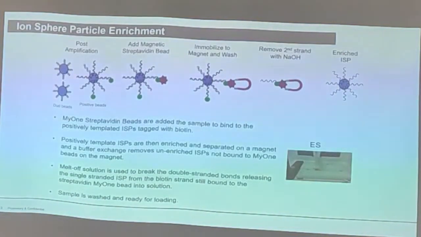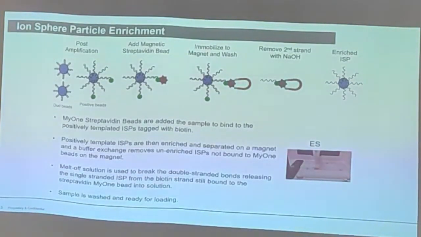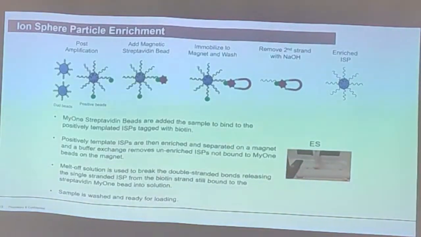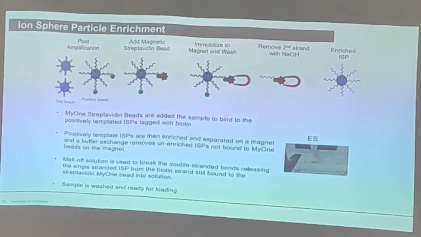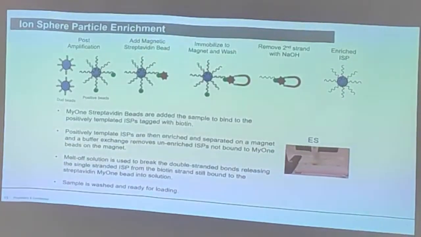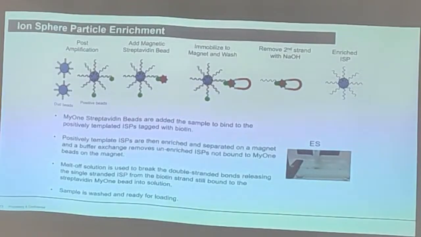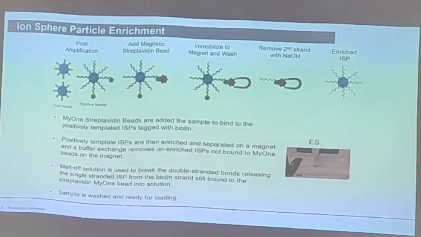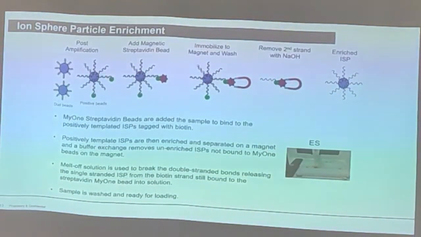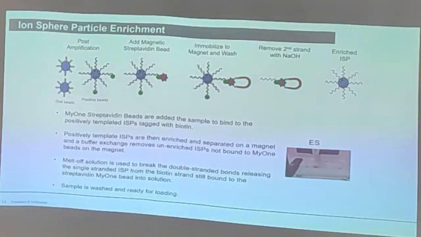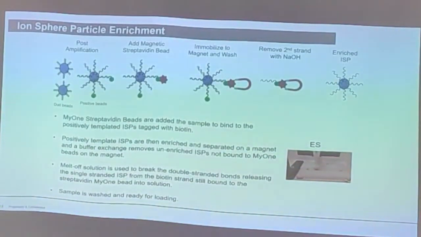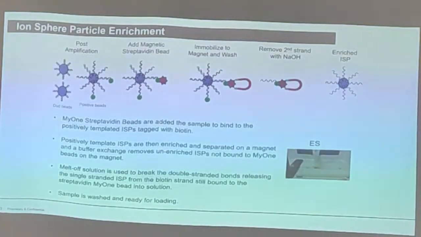When this chip is loaded, everything is automated now. But in earlier days, when the PGM system was there, it was a kind of manual system. During chip loading, we used to give sequencing primer and sequencing polymerase. Inside the chip, another round of sequencing takes place. It is a sequencing by synthesis process, so a kind of PCR takes place.